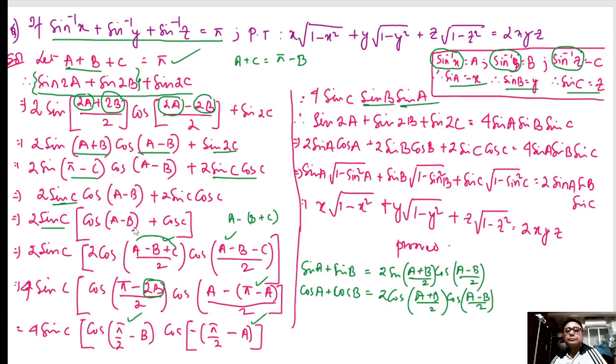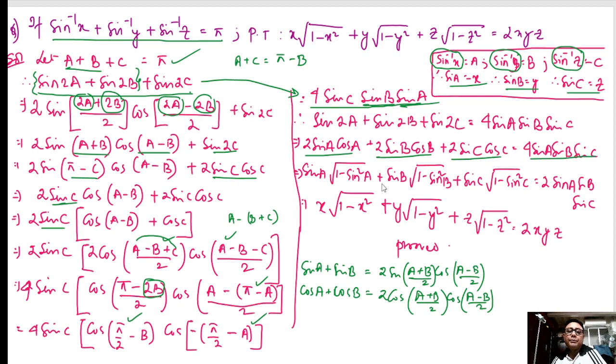That means this formula can be written like this. So it is 4 sin c sin b sin a. Now from here, this formula is coming like this. Sin 2a is 2 sin a cos a, sin 2b is 2 sin b cos b, and 2 sin c cos c.